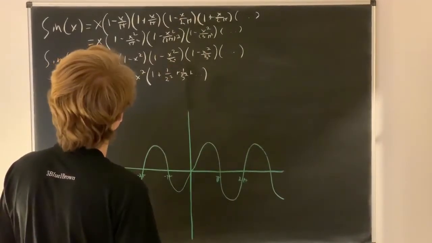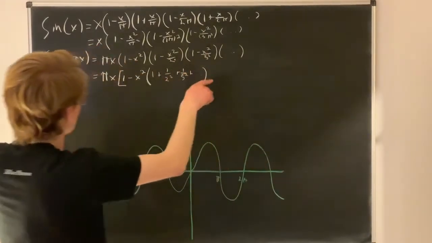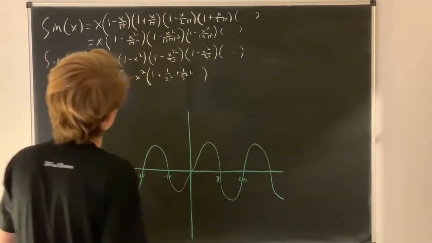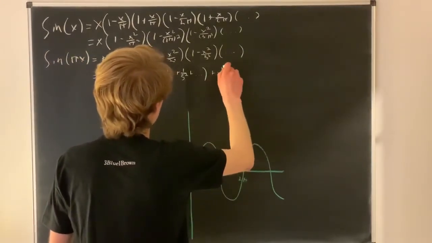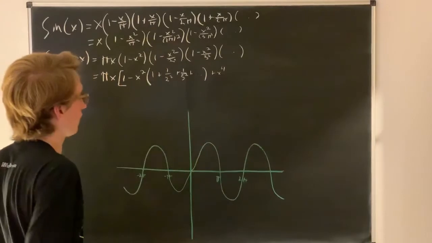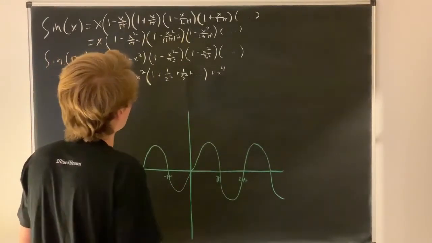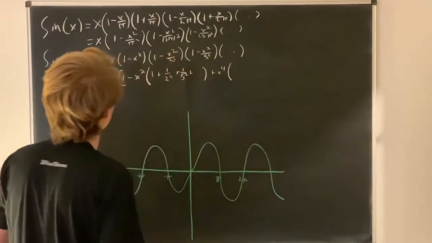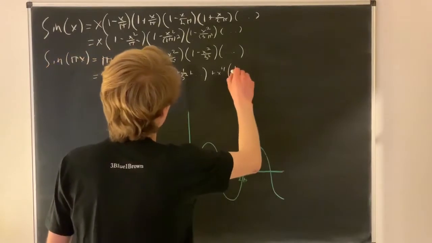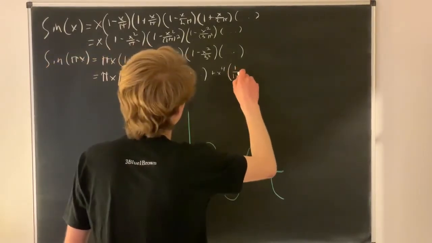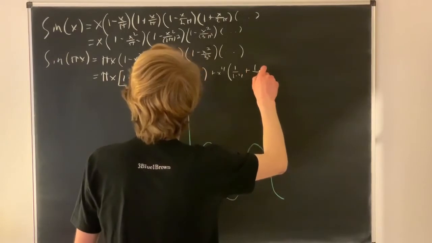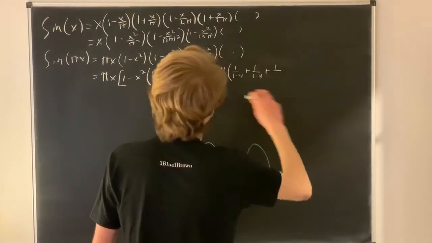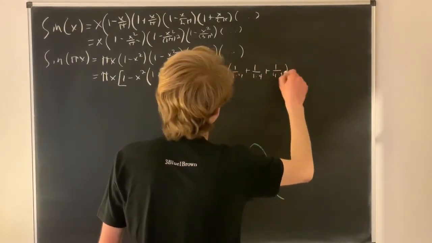And then essentially this is just going to keep going. We'd have our plus x fourths, and then you could just keep going with that. You'd have 1 over 1 times 4 plus 1 over 1 times 9 plus 1 over 4 times 9.